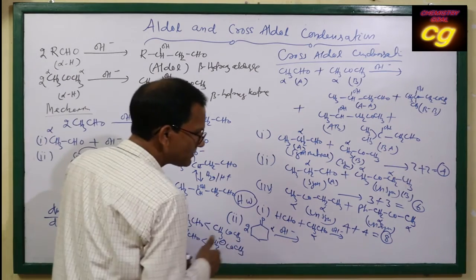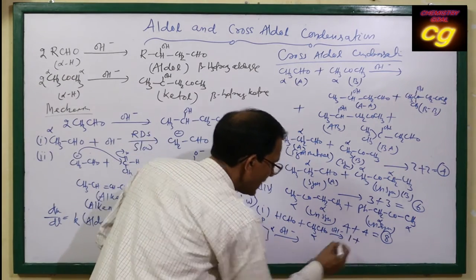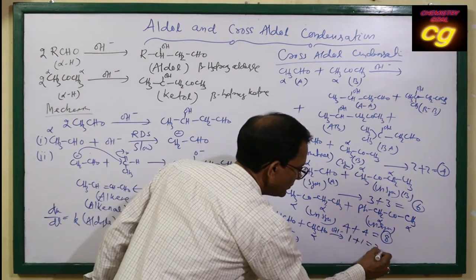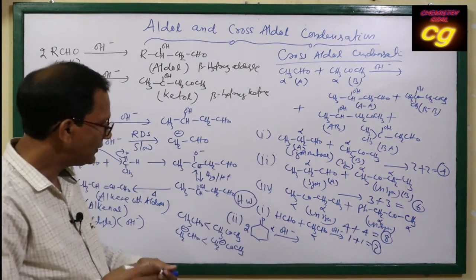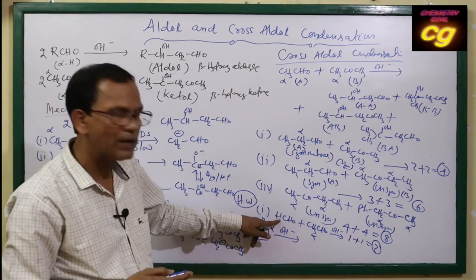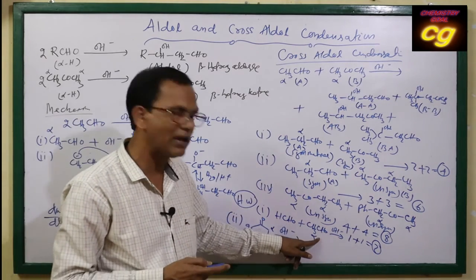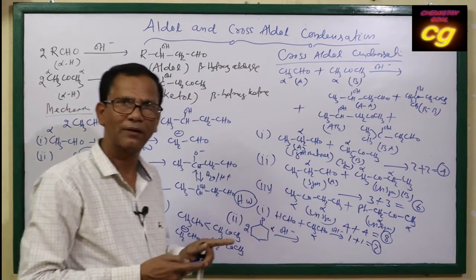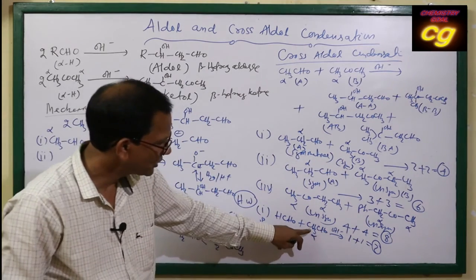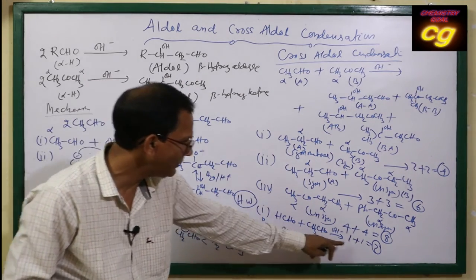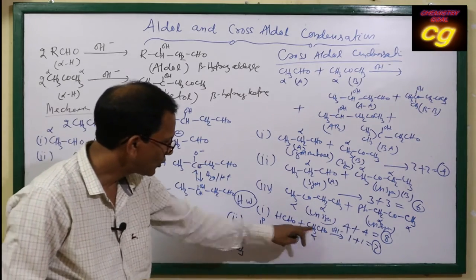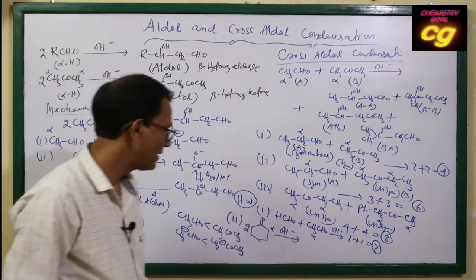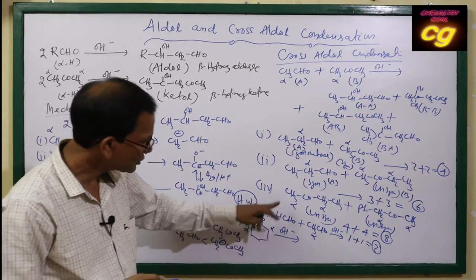One is for this one and another with this and this, so total will be 2. If one has no alpha and the other has 1 alpha, the result will be 1 plus 1, only 2, because for this the self condensation product is 1 and cross will be 1 also, because it has no alpha, so the result will be 2.